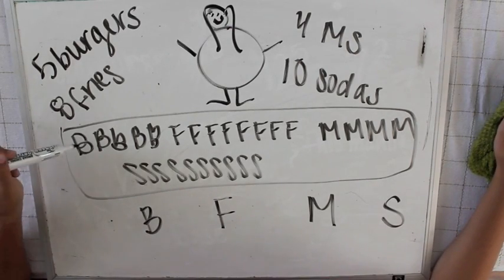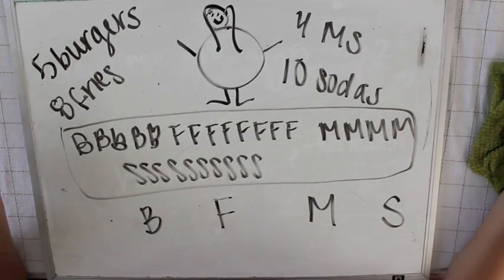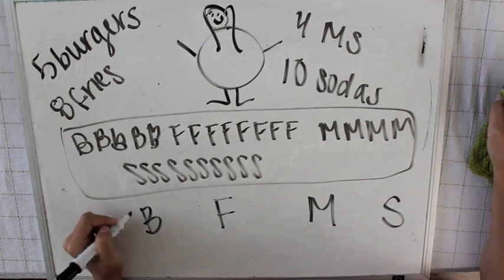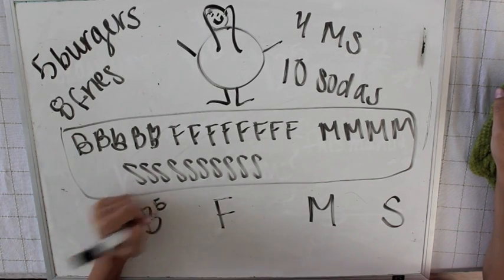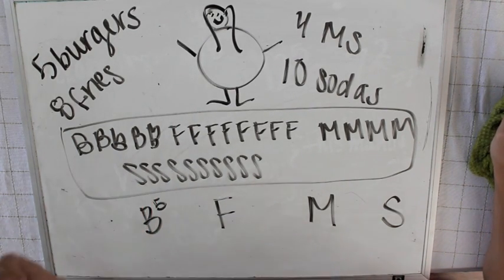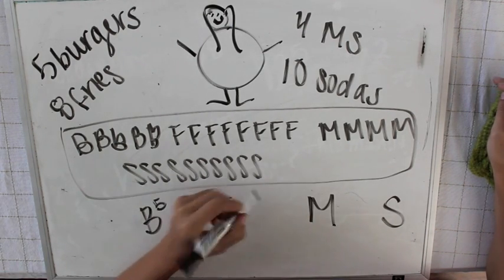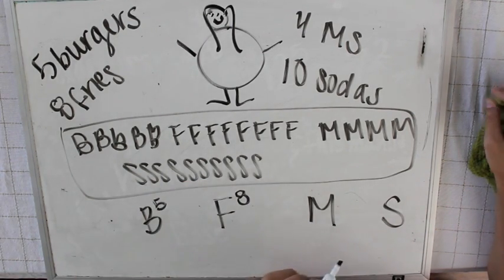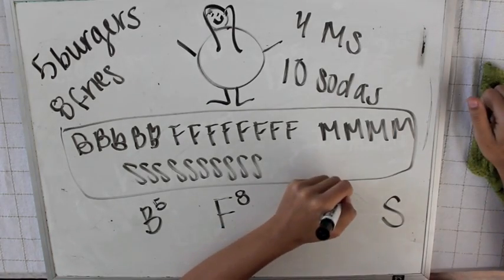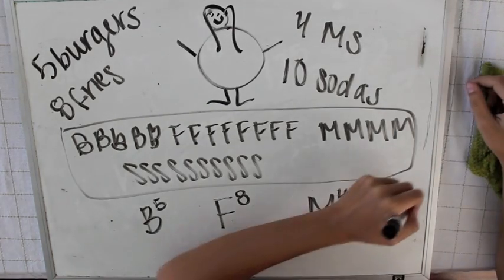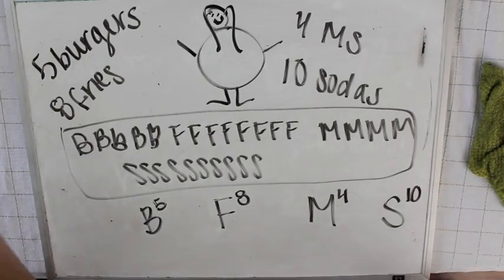How many burgers does she have? She has 5 burgers. So you have how many of me? 5. Now with fries, she has 8 fries, so how many fries? 8. How many milkshakes? 4 milkshakes. How many sodas? 10 sodas.